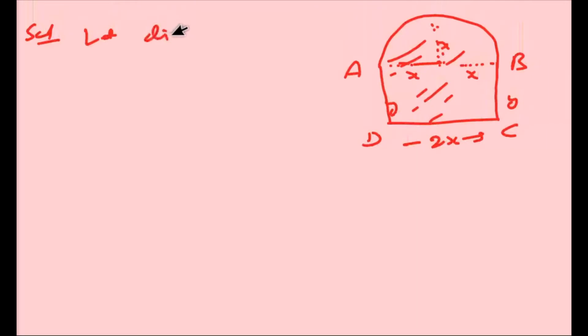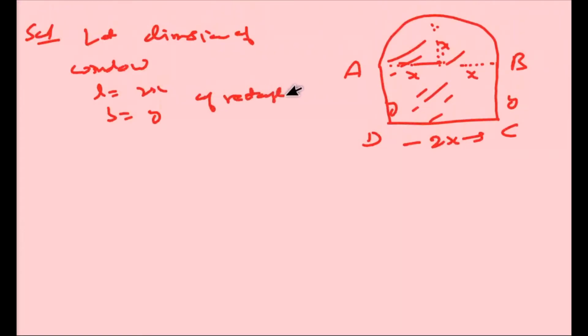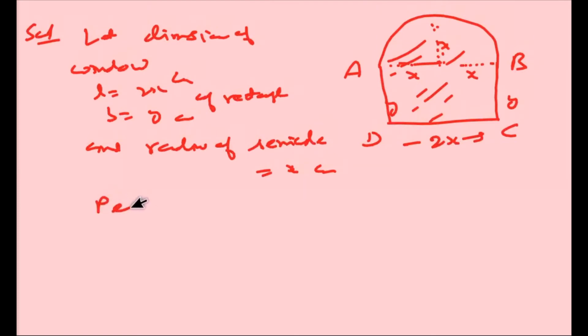Let the dimensions of the window be length equal to 2x and breadth equal to y of the rectangle, and the radius of the semicircle equal to x, in meters. And now it is given in the question that the perimeter is equal to 30.